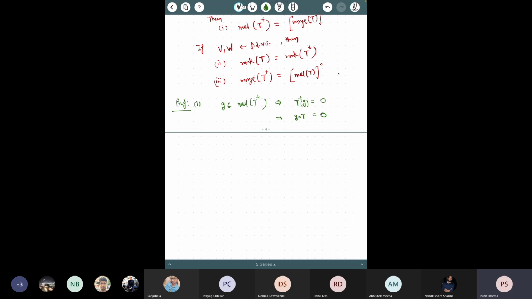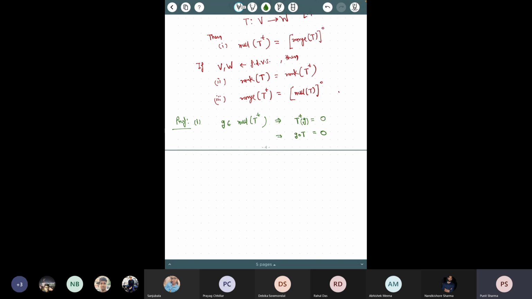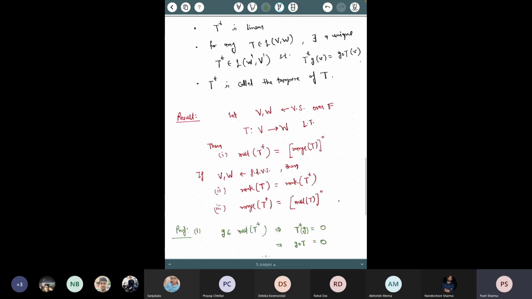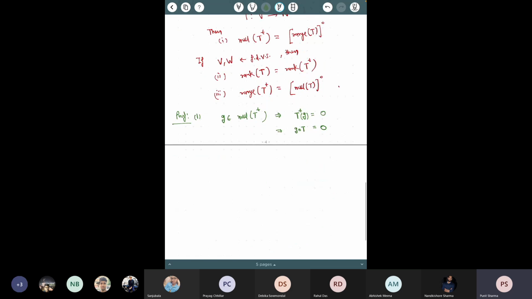But then what can you say from here? Keep in mind what we want. We want to show that g belongs to the annihilator of the range of T. So g composed with T, if you go back and see, is a function from V to F, right? If I'm saying this function is 0, that means its value at every point is 0.